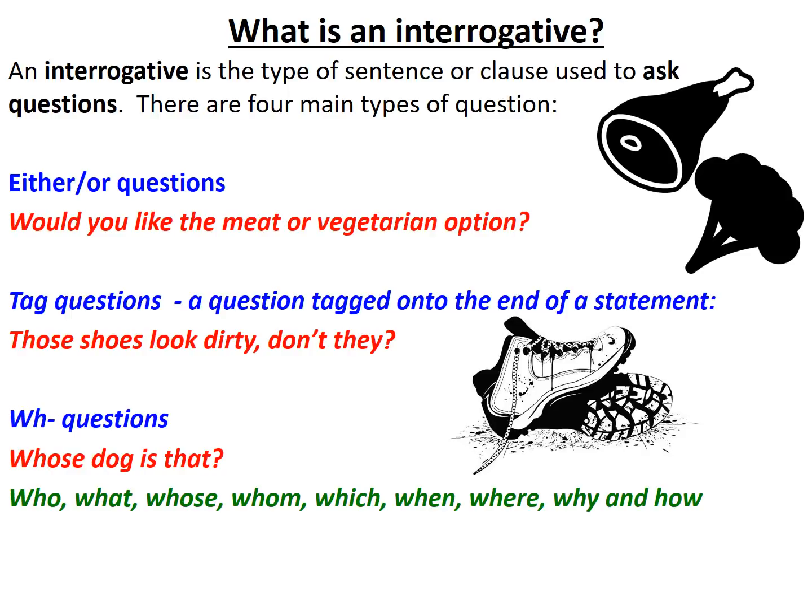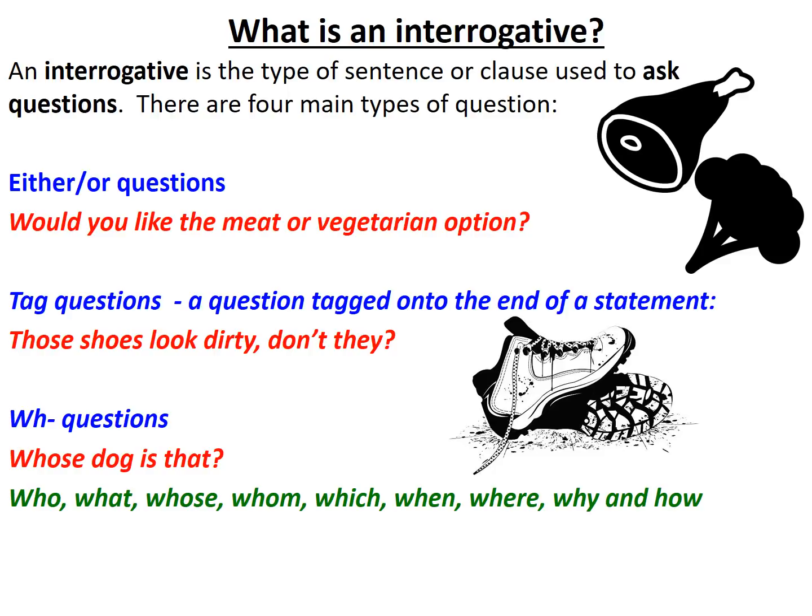These are question words that we associate with open questions. That means that there might be more than one answer. There might be a range of possible answers. And I'd recommend looking back over interrogative pronouns, earlier in the pronouns section of these videos, if you want a refresher on what those words mean.